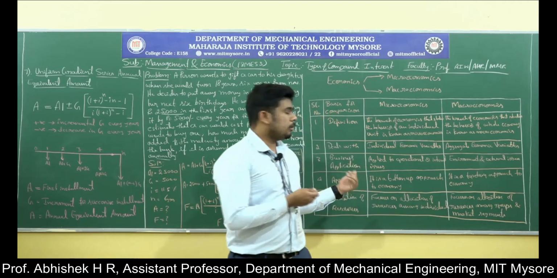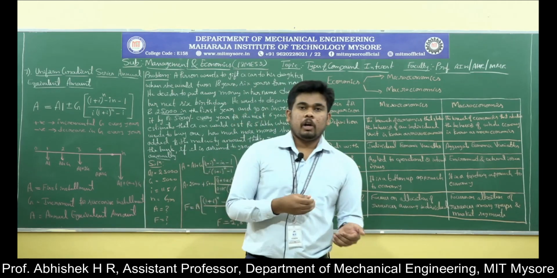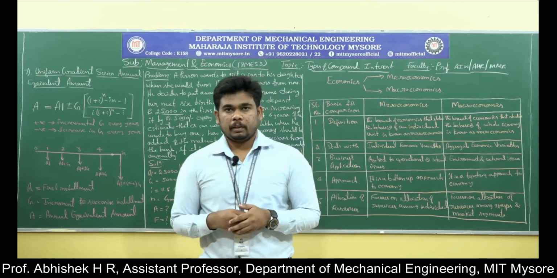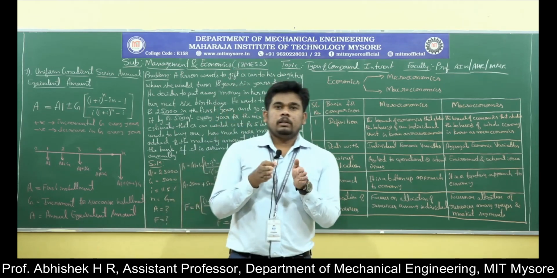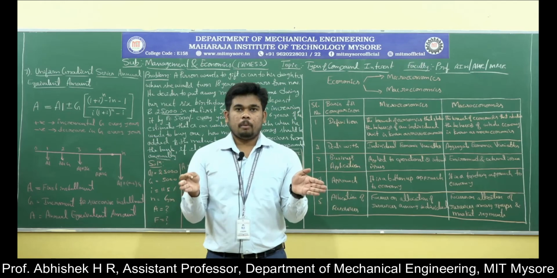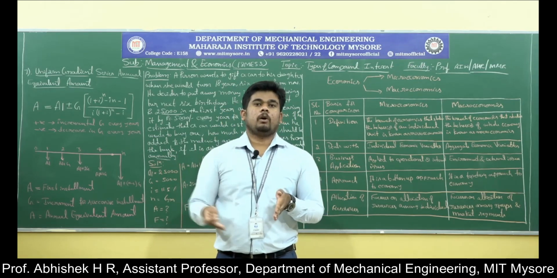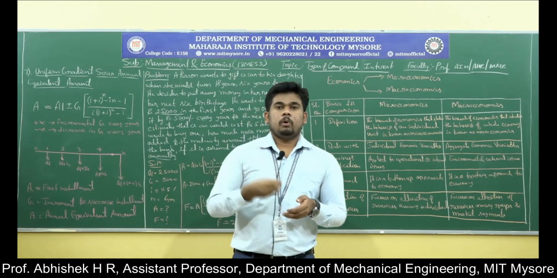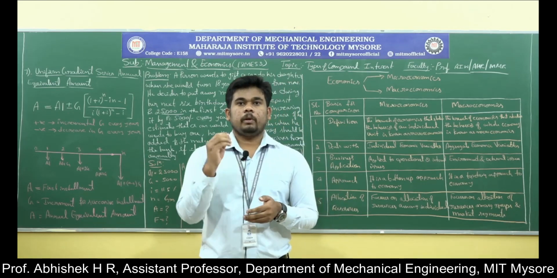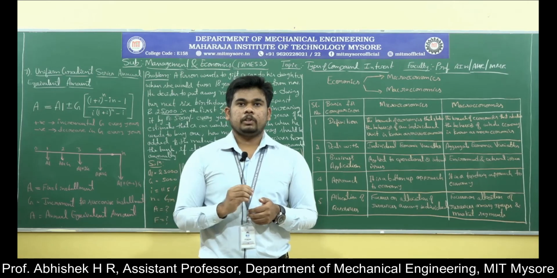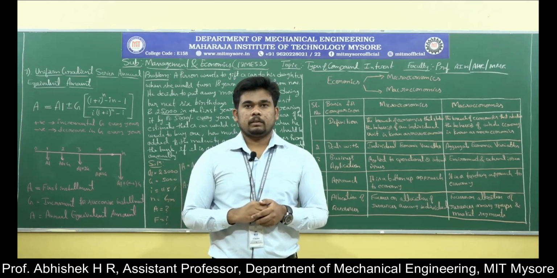So these are some of the comparisons between microeconomics and macroeconomics. In these two types of economics, we analyze the behavior of the economy. So this is the given syllabus for your third module, that is Introduction to Engineering Economics. Thank you.